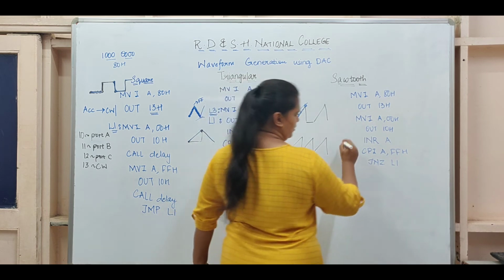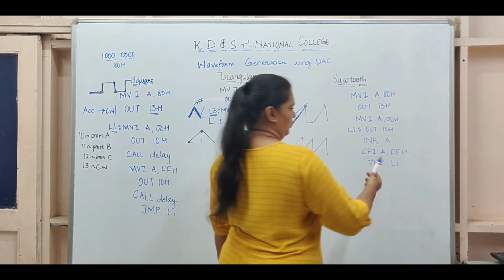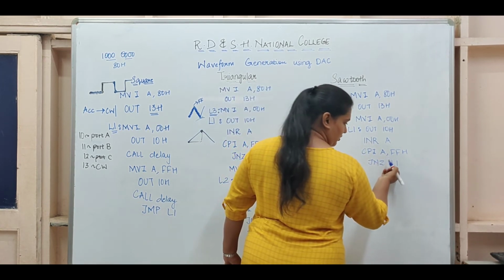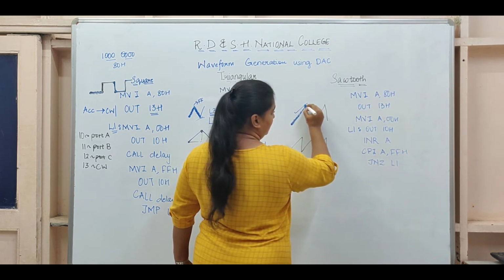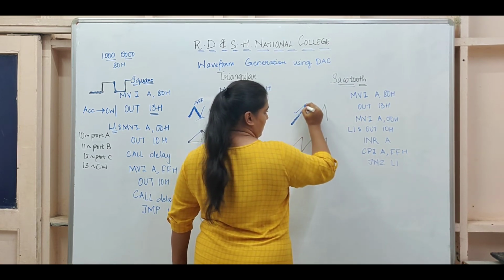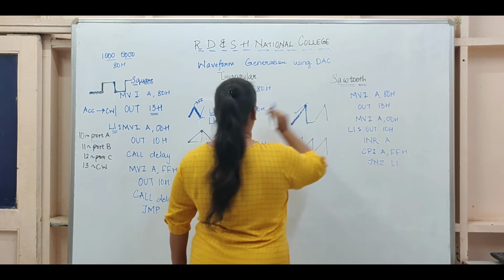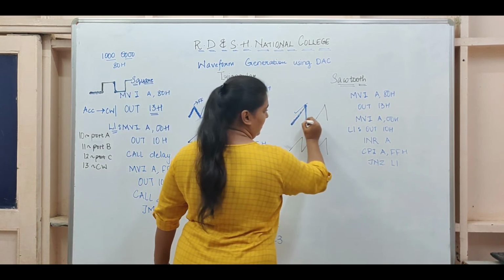So till it is not 0, I will send the value to port A, from port A to DAC, increment, repeat. The minute it becomes 0, it will not jump, we will come out. Now what I need to do here is come down directly. I don't have to decrement like in triangular. I have to straight away come down.